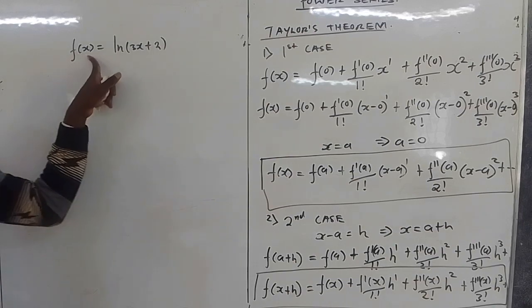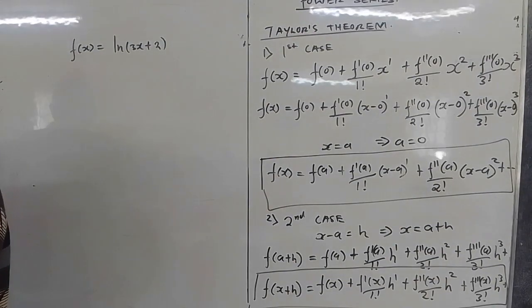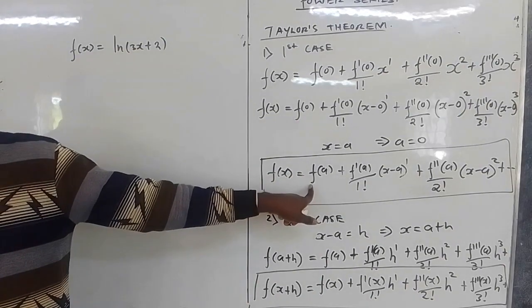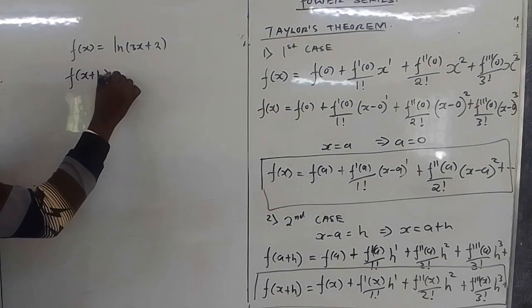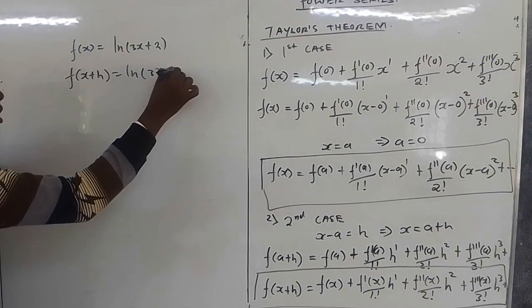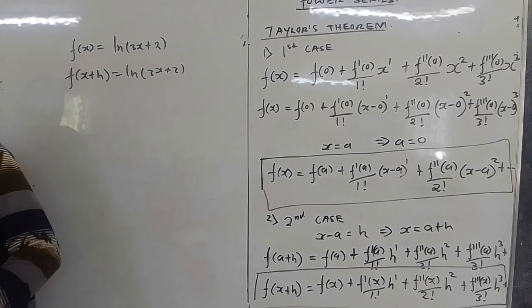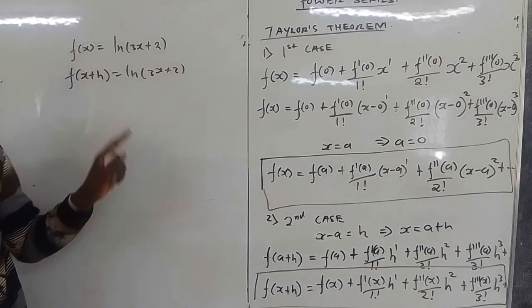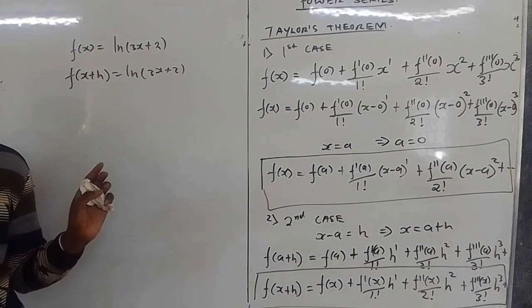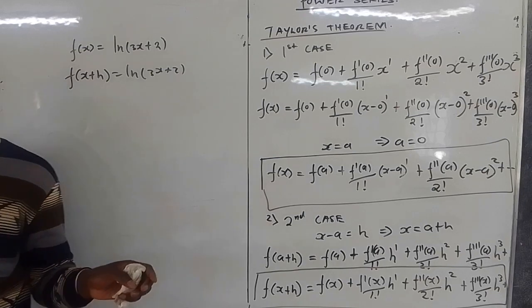When you are told in Taylor series, you will be told at that point, isn't it? Meaning this is what you use if you are told it is Taylor series. But if you are told it is a function f of x plus h to be this, meaning you use this. Those are 2 different things. But you see, the value is the same, but the function in defining them are different. Are you getting the point? You have to know the function you are dealing with.